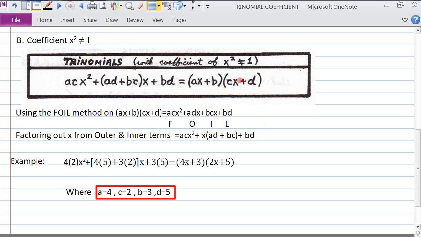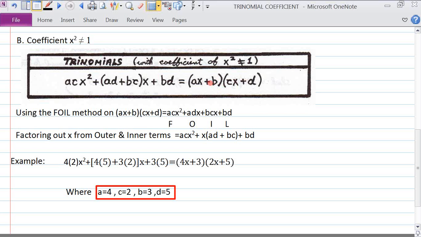If we take the outer term, plus d times plus ax, I get adx. The order in which I write the letters doesn't matter. So this is the outer term. Ax times d gives us adx. The inner one is these two together.